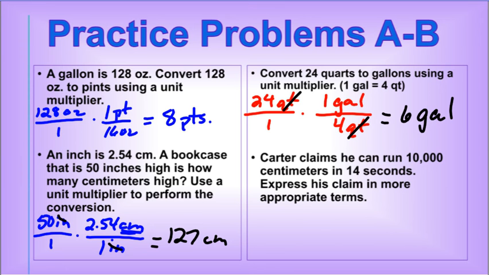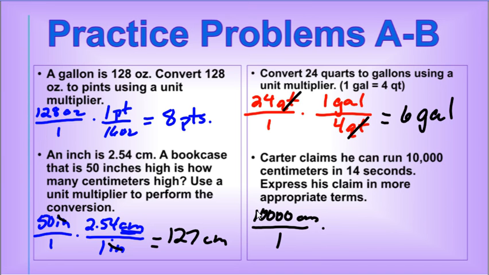And the last one, Carter claims he can run 10,000 centimeters in 14 seconds. Express this claim in more appropriate terms. Normally we would run in meters, so let's convert 10,000 centimeters to meters.